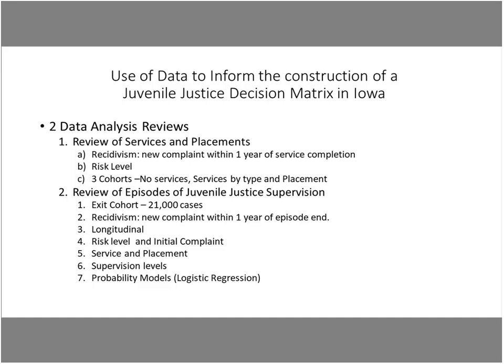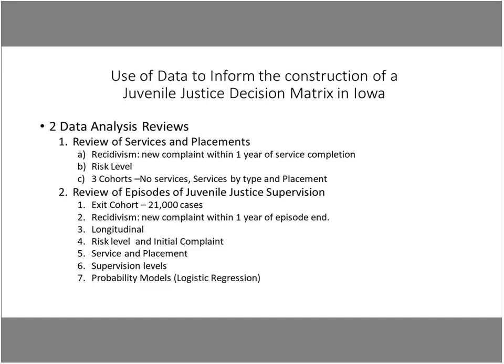So I think as Kathy mentioned before, there were two major groups that came together to look at this and help us slot everything into the decision matrix. And to go with that, there were two major data analysis efforts that were made. In the first effort, it was really a review of the services and placements.